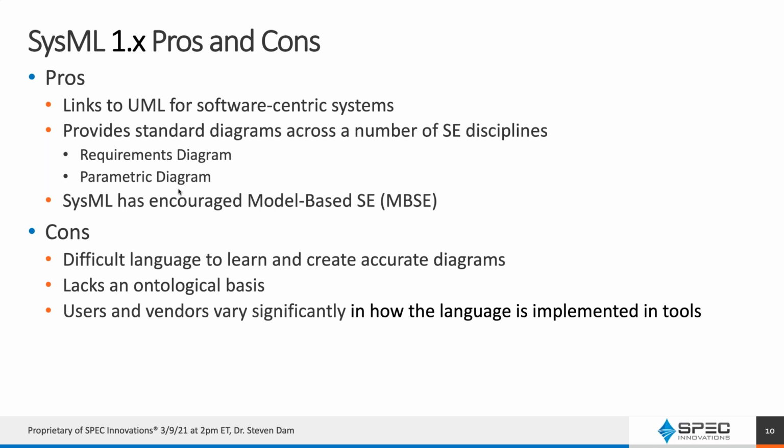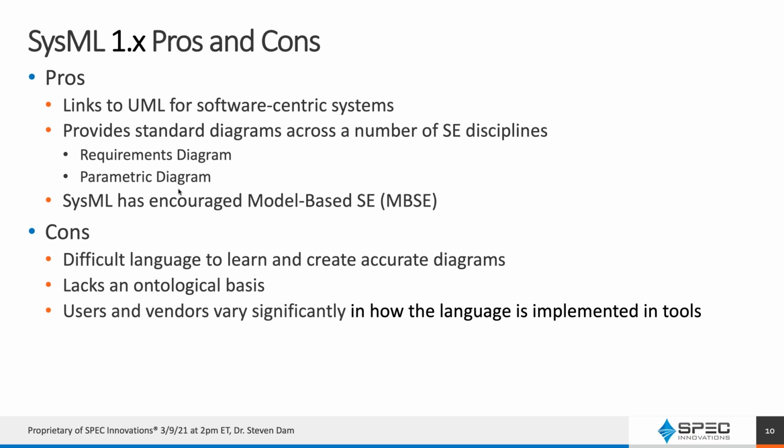So what are the cons? Well, first of all, it's an extremely difficult language to learn and to create accurate diagrams with. There are several books on the subject. In fact, there are 2 classic books, and I forget the authors of the 2, but you have to kind of use the 2 of them together to get real knowledge and capability to use it effectively.